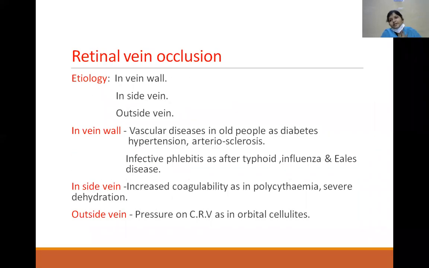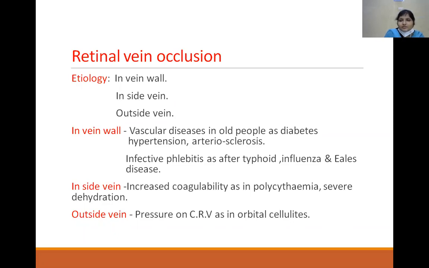Next, coming to retinal vein occlusion. The main etiology can be categorized into 3: in the vein, within the vein wall, and outside the vein. Inside the vein, causes of increased coagulability are polycythemia, use of OCP, and severe dehydration. All these lead to coagulation of the blood inside the veins.